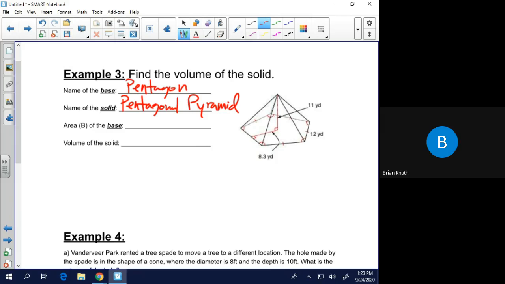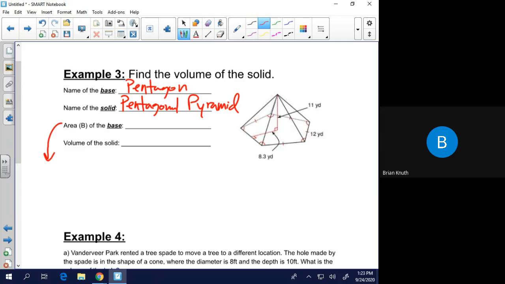Okay, area of the base. Now, if you look back at your notes for finding area of a polygon, we know how to do that already. Fortunate for us, that information is already plugged in here for us. So we don't need to know that. However, I will write down the things we do need to know for that. So a couple things.